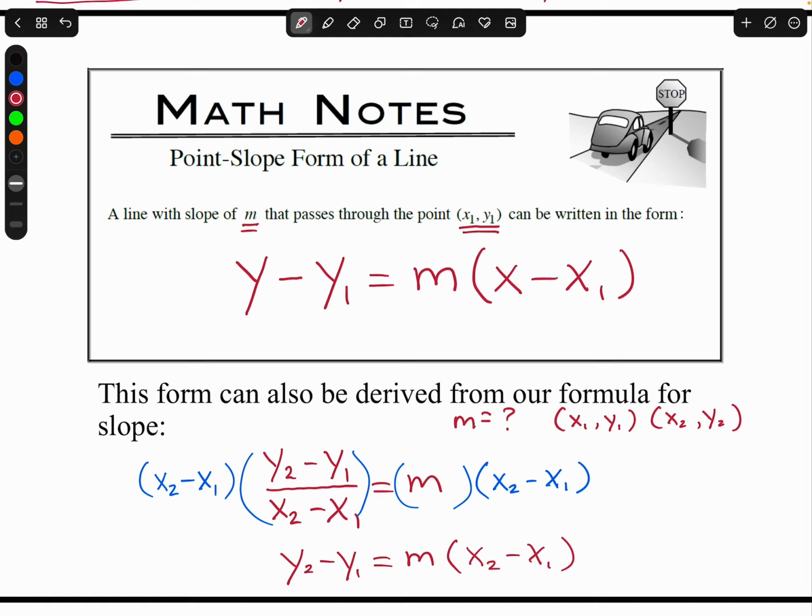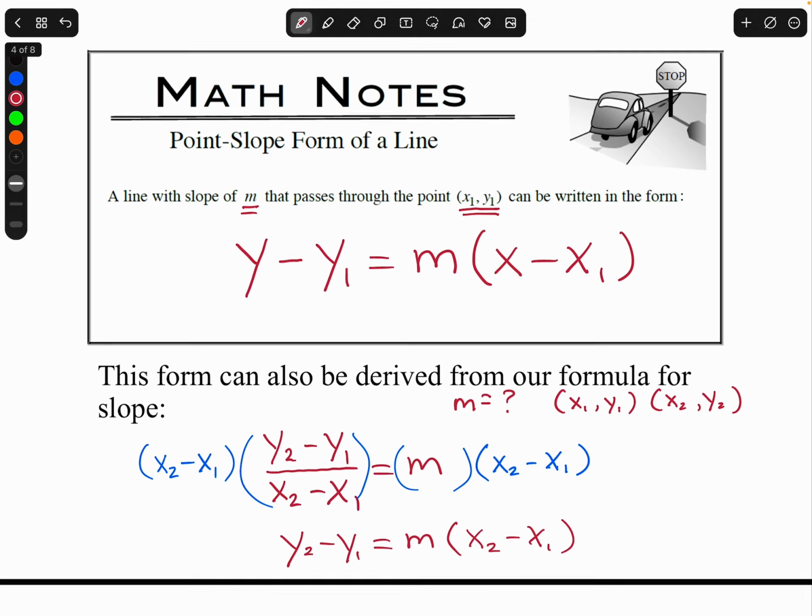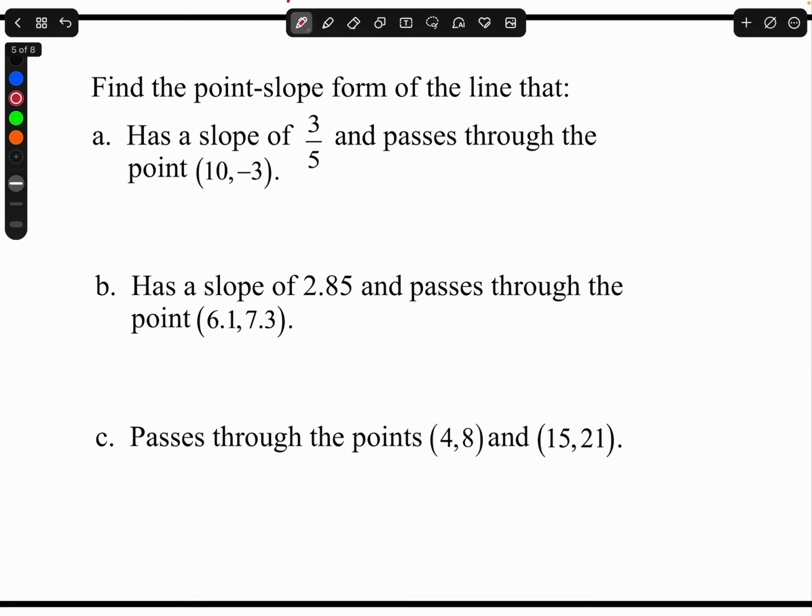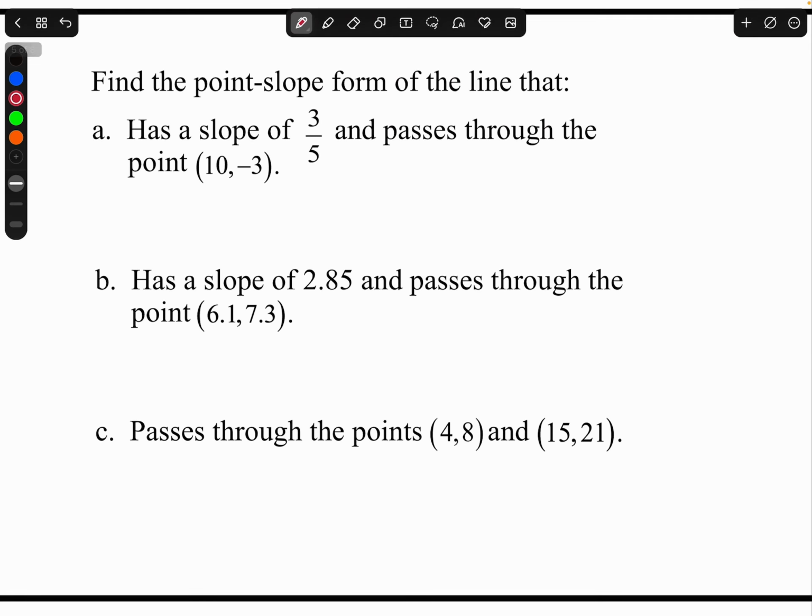So you see where point slope comes from? It just comes from the slope equation. All we're doing is changing the things that you know at the beginning and using different variations of the same formula to find the information that we're looking for.